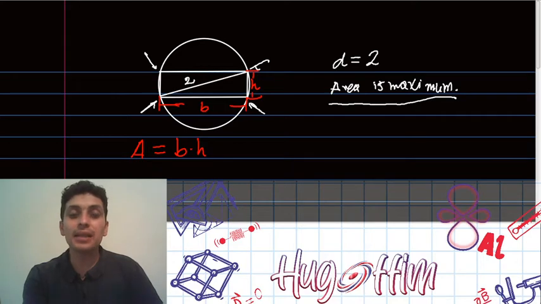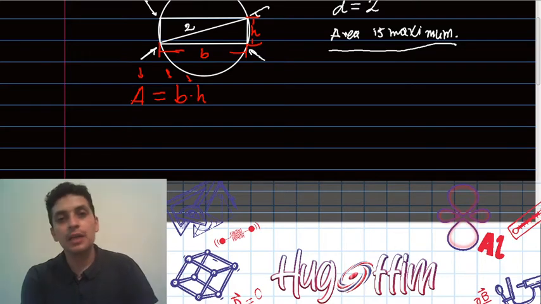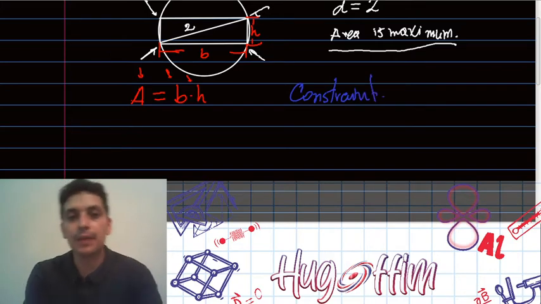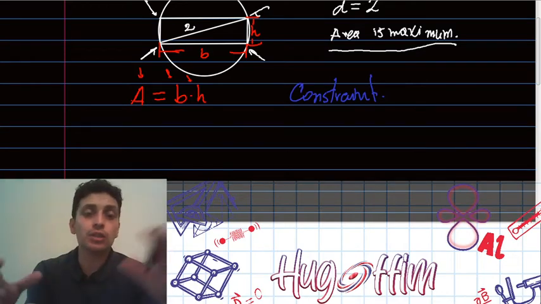Now basically we have a function area that depends on 2 dimensions, base and height. So the best way in an optimization problem is to find something that we call a constraint. And what is a constraint? A constraint is just an equation that links 2 of the variables in order to have just one.